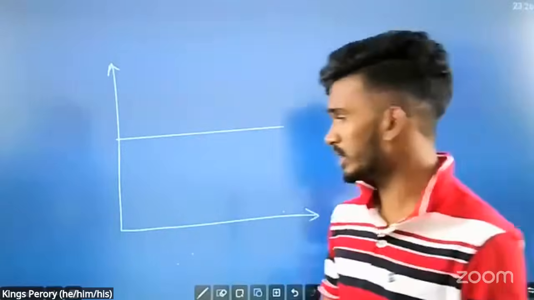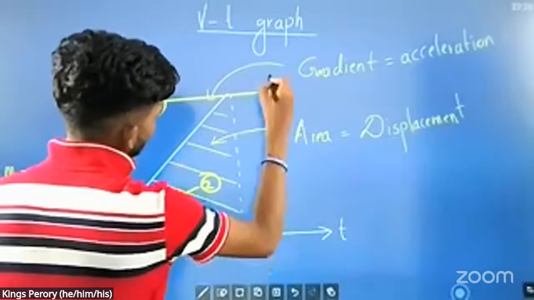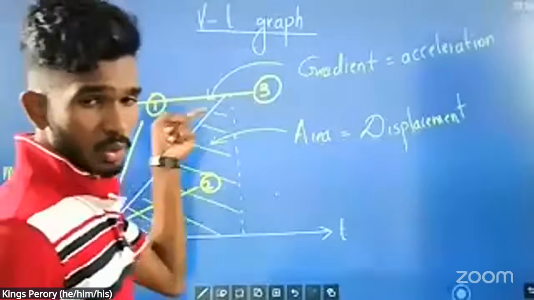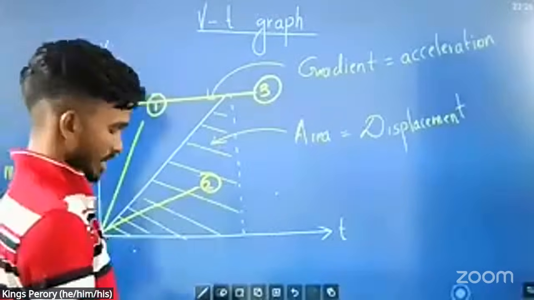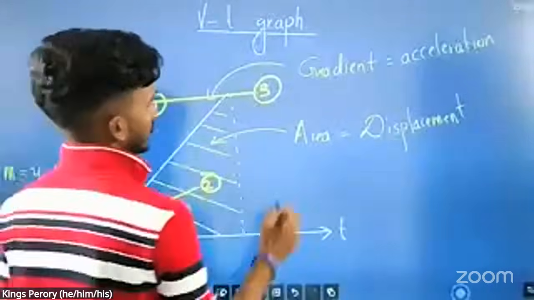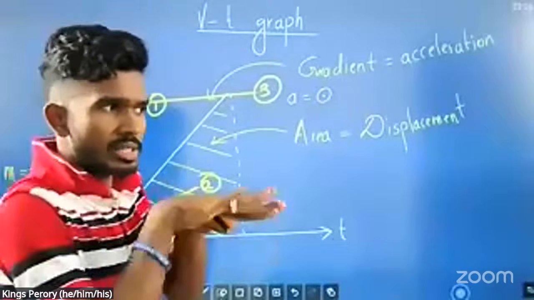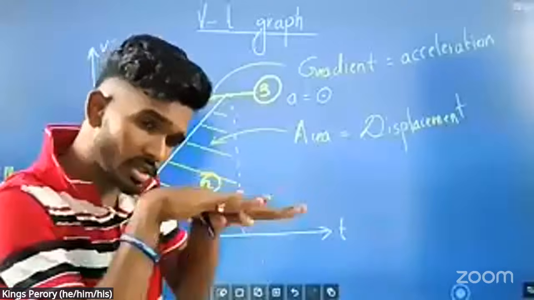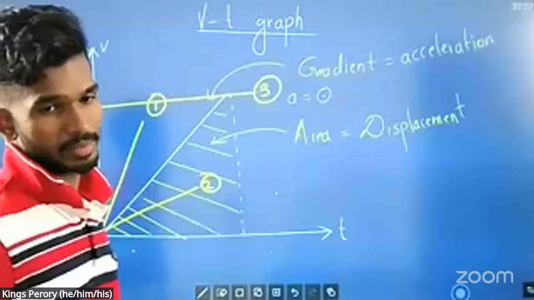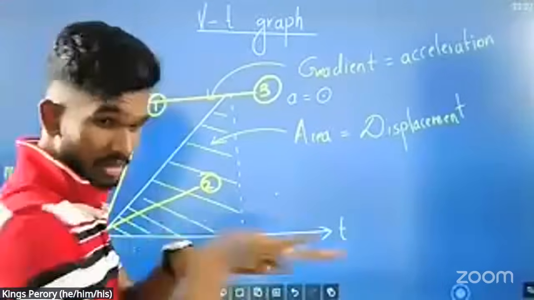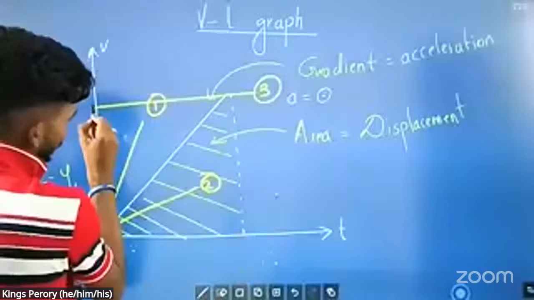If gradient is 0 and I draw the same graph in VT graph, acceleration is 0. Acceleration is 0, so velocity is not increasing and not decreasing; it is the same velocity. If velocity decreases, the graph should go like this.